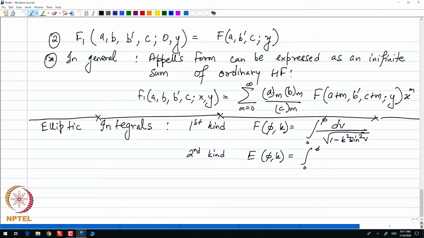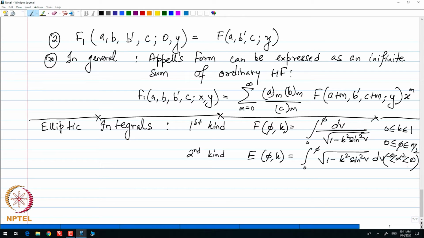It is the integral from 0 to phi of square root of 1 minus k square sin square v dv, right. So, k is from 0 to 1 and phi is from 0 to pi by 2 and alpha is from minus infinity to infinity.